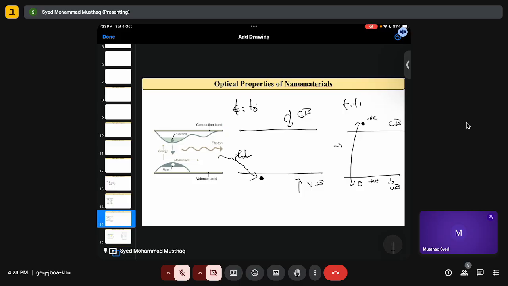There is a binding energy, and if you combine the wave function of an electron and hole, then that is called an exciton. That's all. Now, the electron will not go away because the hole is binding it. The same goes for the hole. So you will have this binding energy, which makes the electron stay near the hole.